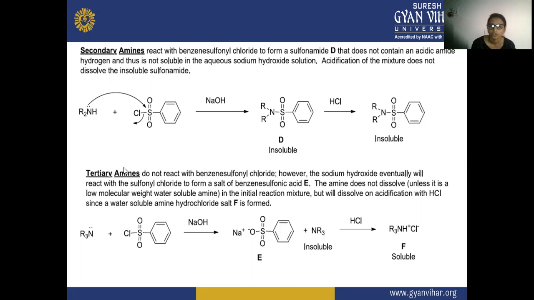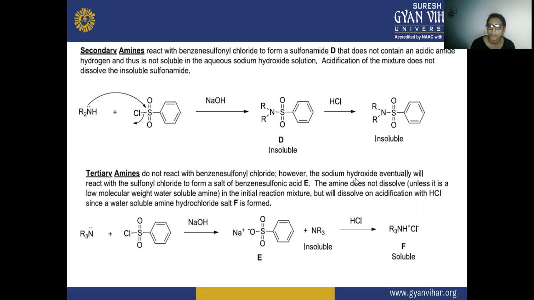So in the case of tertiary amine, now what happens is the tertiary amine reacts with the Hinsberg reagent. Here the tertiary amines do not react with benzene sulfonyl chloride.